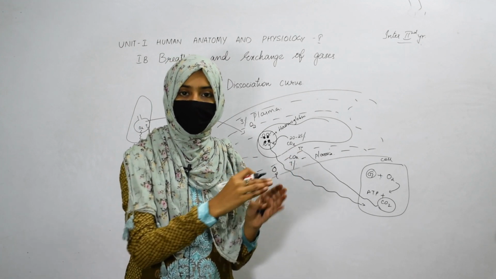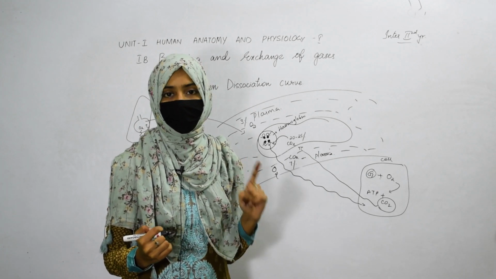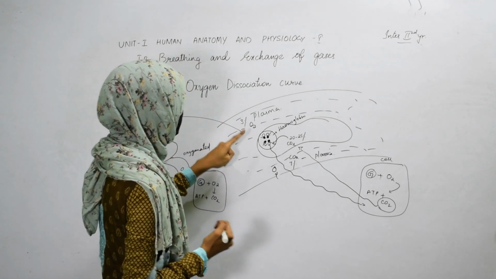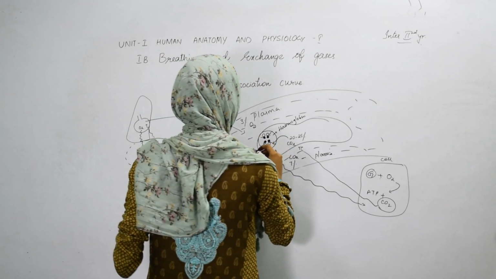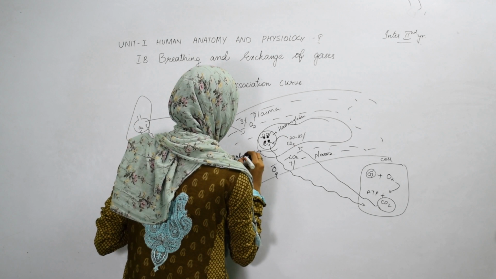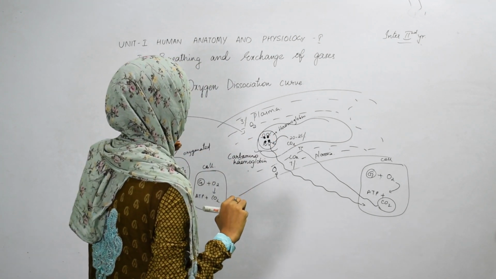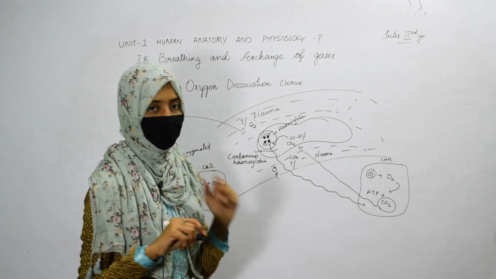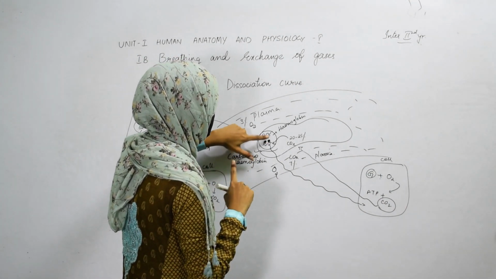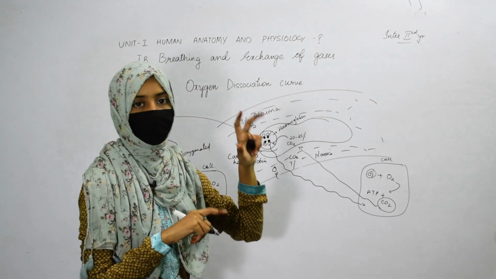But if one molecule is removed from the hemoglobin, then it would not remain oxyhemoglobin. Instead, the carbon dioxide binds to the hemoglobin, and this molecule becomes carbaminohemoglobin. If carbaminohemoglobin is formed, then the blood becomes deoxygenated.